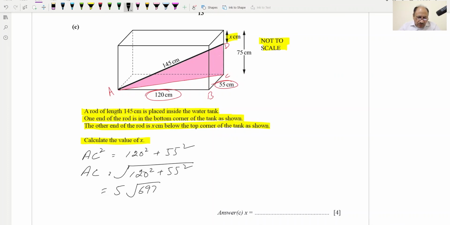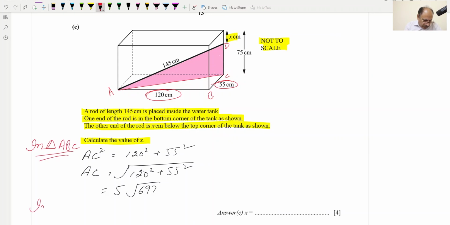So this is what we got. Now we need to calculate the value of x. Okay, so now we can find AD also. We already have AD, so DC we can find. To calculate DC, we can apply Pythagoras theorem on triangle ACD. First we considered triangle ABC, this one.